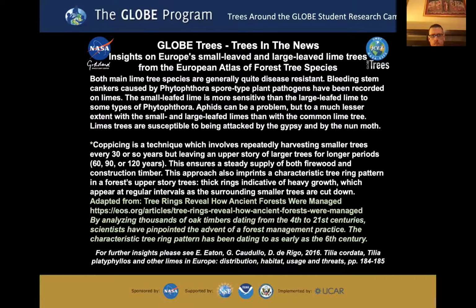I think that's a really cool thing to know about forest management, even though I can't imagine managing an oak forest. They're big, tough trees, but apparently there was enough social coordination that they could do this. So just another element of basically trees around the globe.